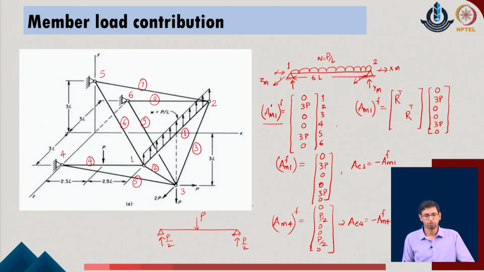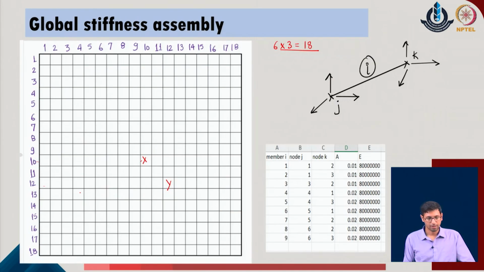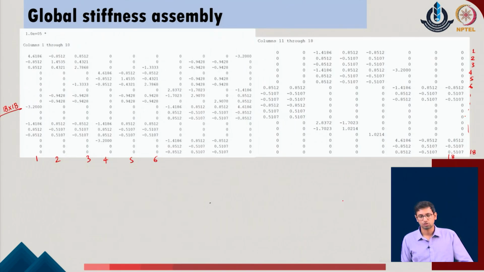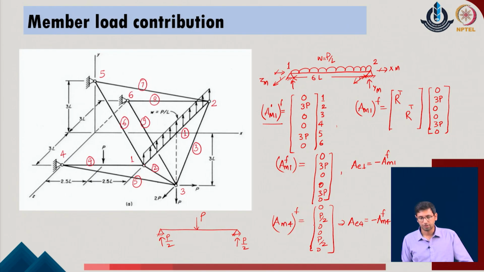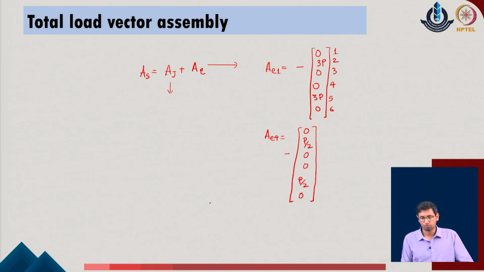As these are for the member 4, we realize that the first node for the member 4, as per our idea, is j is 4, the second node is 1. So, I will put in the same order, with the first node 4, second node 1. So, it will come out with 10, 11, 12, 1, 2 and 3. So, these are the 6 degrees of freedom which are provided with respect to the member number 4, and these are with respect to the member number 1 in the given system.